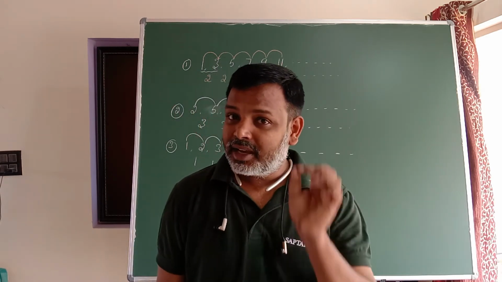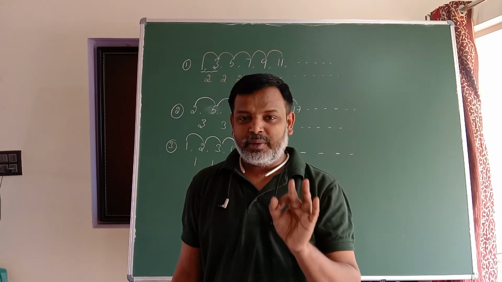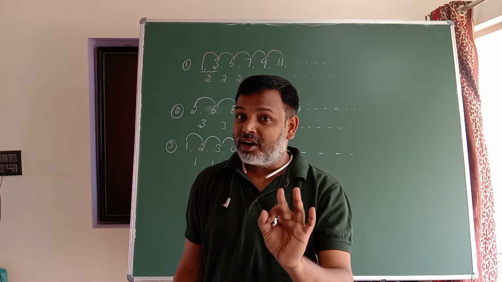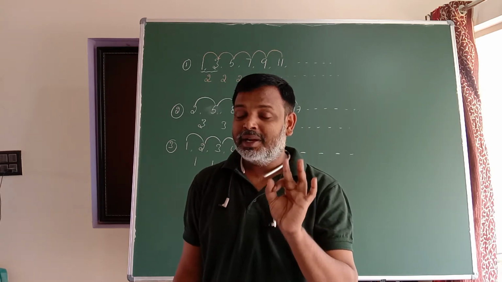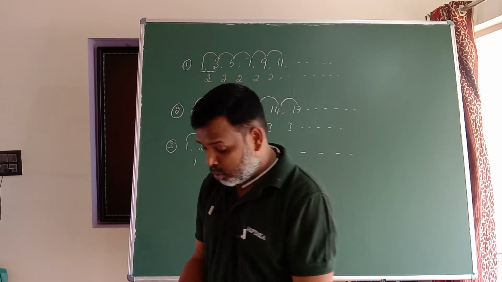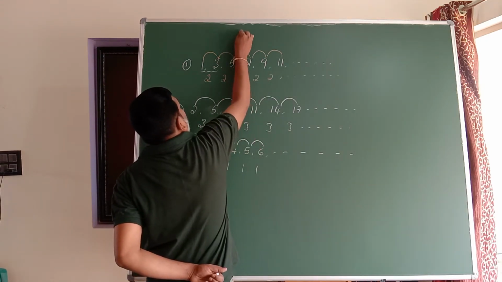Keep in mind, when there is a common difference between every pair of succeeding term and the preceding term, then such a type of sequence we call an arithmetic progression. Very, very important.